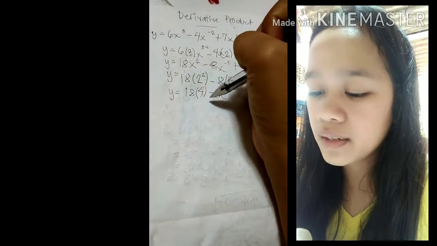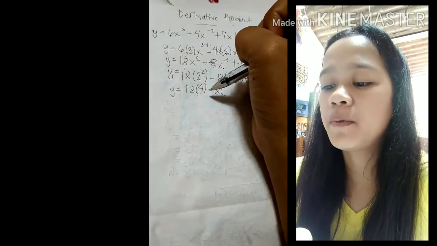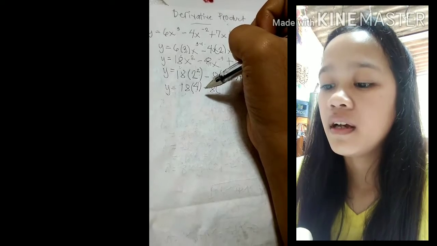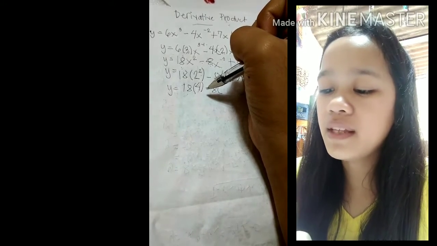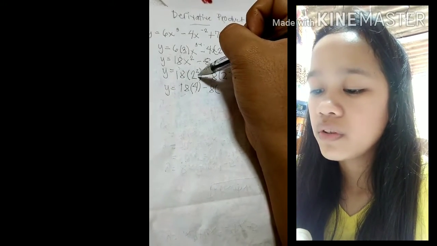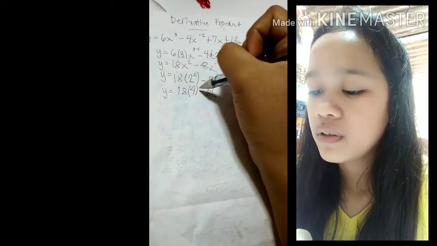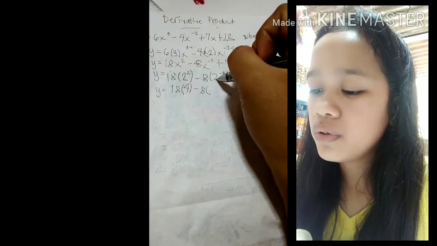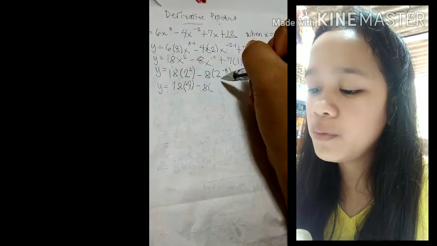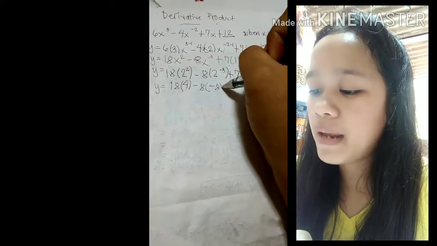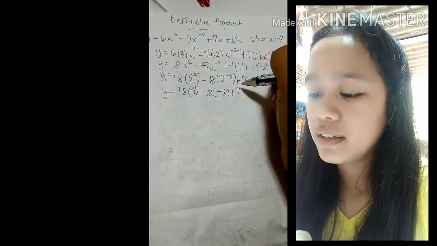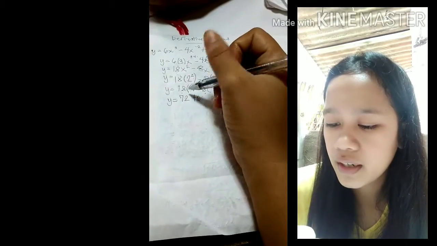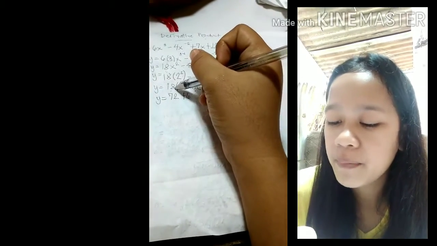Then we're going to simplify the numbers with exponents. The exponent tells us how many times we multiply the number by itself. So 18 times 2 squared is equal to 4, minus 8 times 2 is equal to 8, plus 7. So we will multiply the numbers with parentheses.